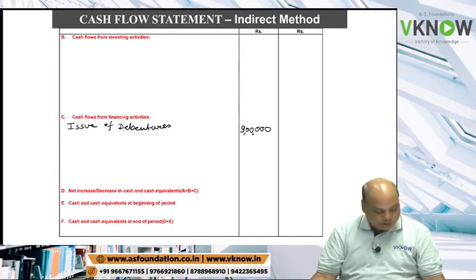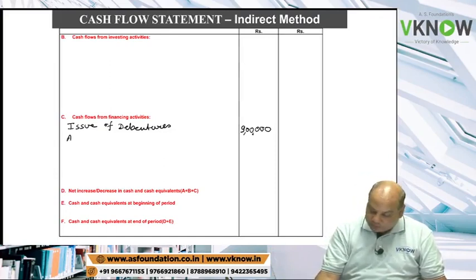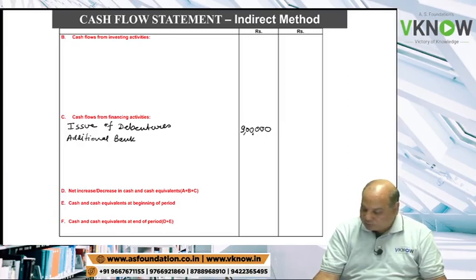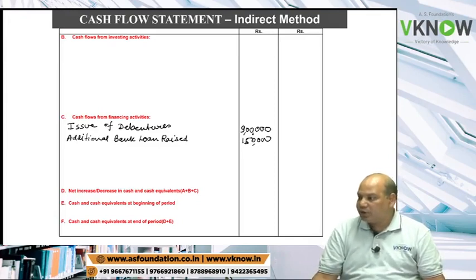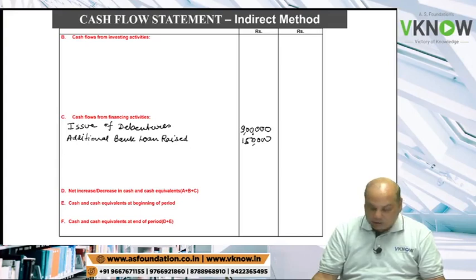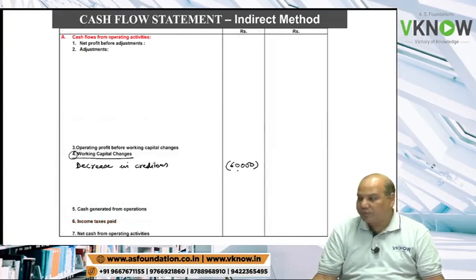So can I say financing activity, additional bank loan raised? Additional bank loan raised is 1,50,000. Positive number.